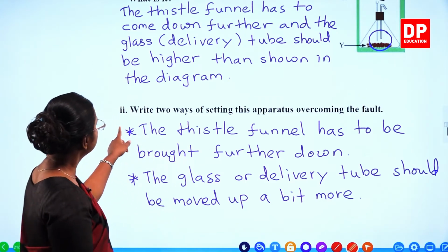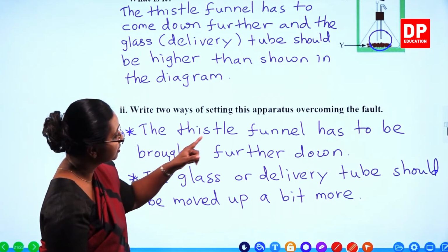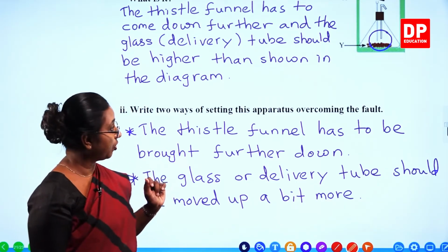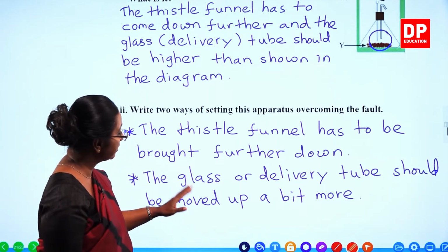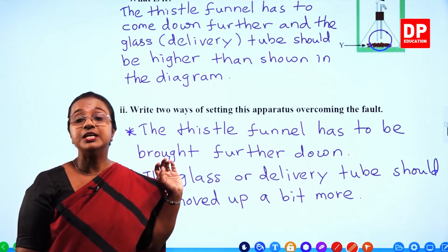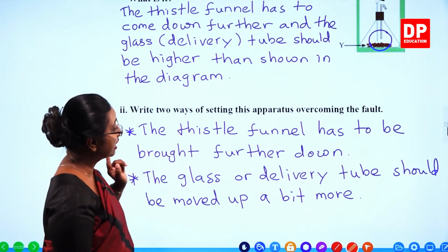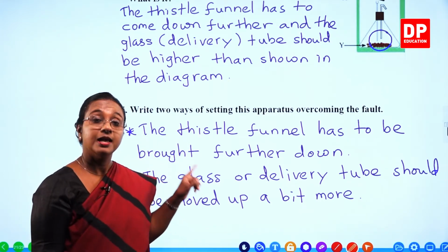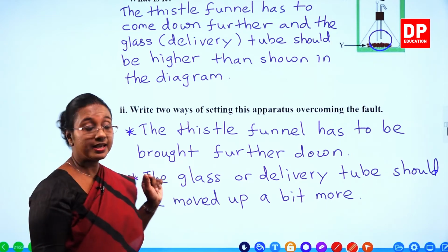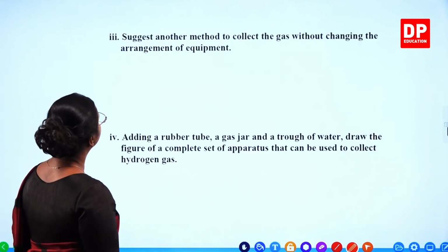So those are the 2 ways of setting this apparatus to overcoming the fault. You have to bring the thistle funnel down and you have to push the delivery tube up. So those are the changes that you need to make. With that, students, I will move on to the next slide where we have the rest of the questions.